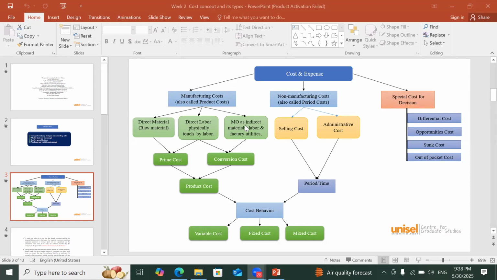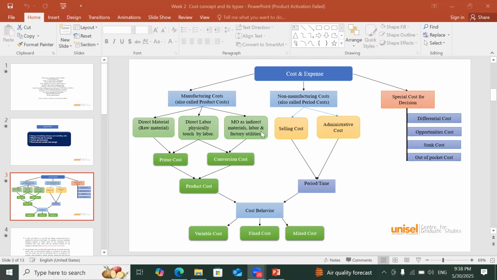And another one, manufacturing cost as indirect material, indirect labor, and factory utilities. Indirect material and indirect labor are considered as the supporting element, but not used as a main component to produce a product.